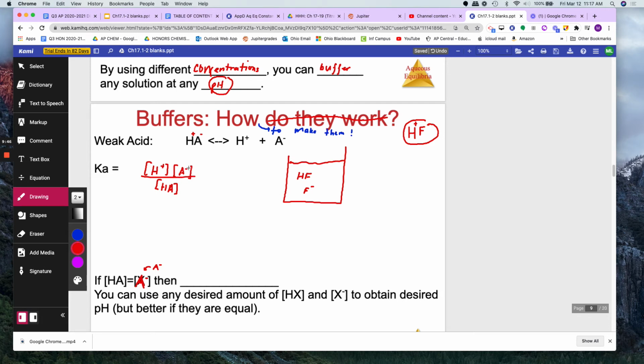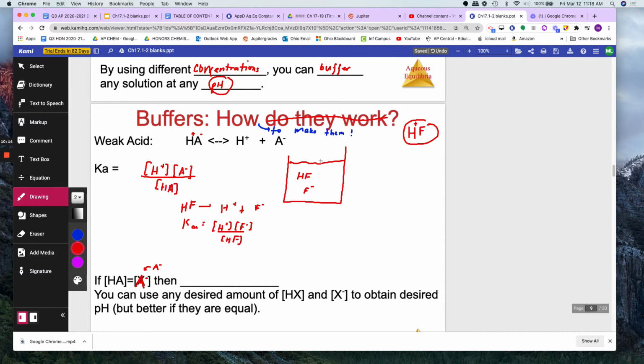Let me just make another equation. So HF becomes H plus and F minus. Okay, so Ka is equal to H plus times F minus over HF, okay? This is the same as that, I'm just being specific here.